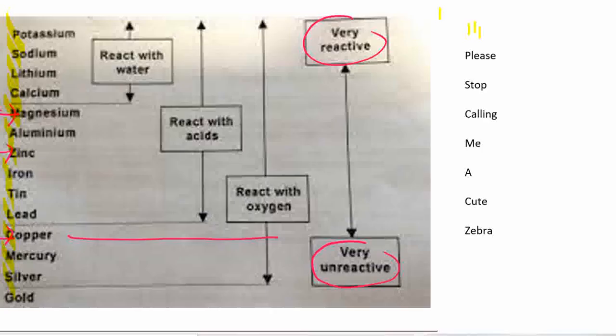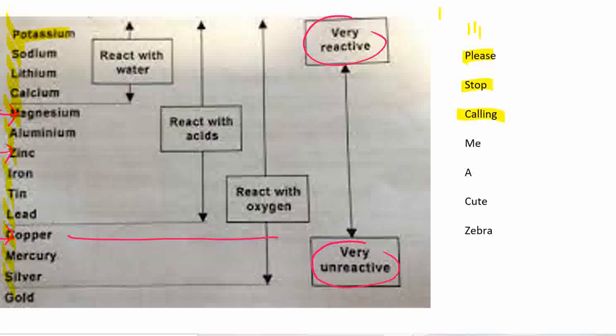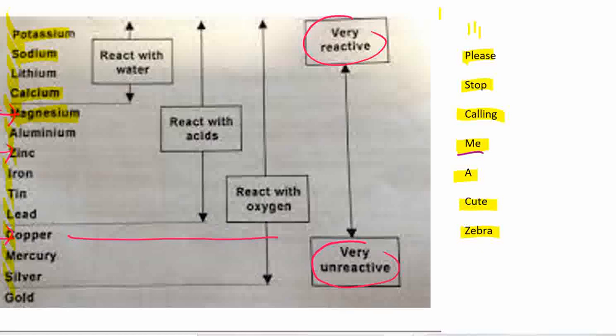PSALCMAZITLCMS. This is how we remember the reactivity list of metals. So potassium is P, for please. Stop is for sodium, and calling is for calcium. Me is for magnesium, and A is for aluminium, and C is for carbon in here.